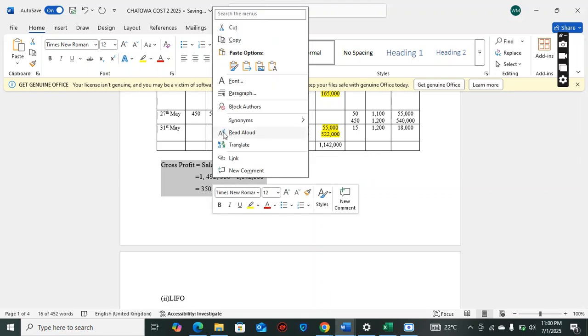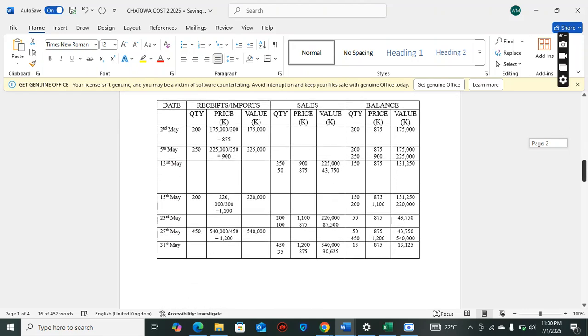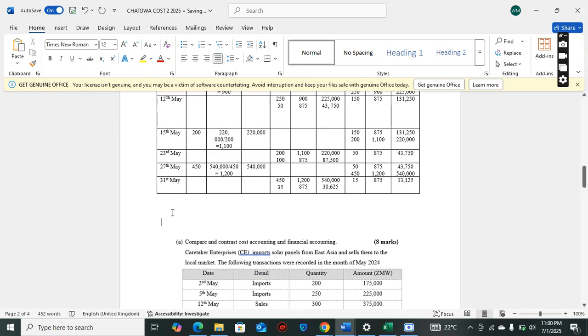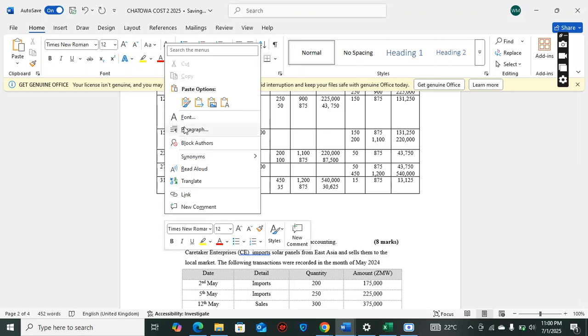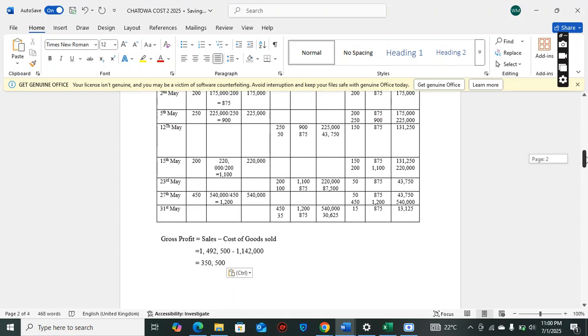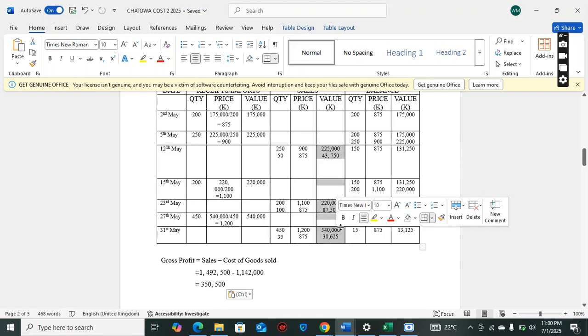So under FIFO, the gross profit is 350,000. Okay, under LIFO, let's calculate gross profit. So the sales revenue still stays the same. What just changes is cost of goods sold.